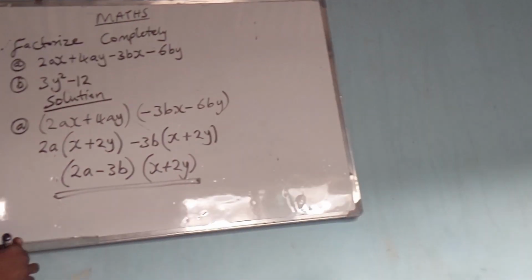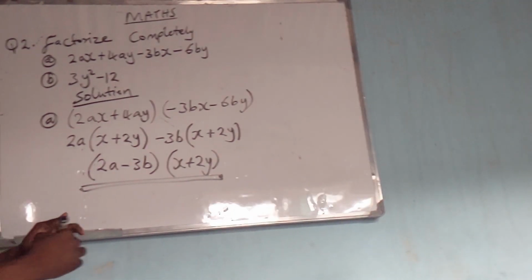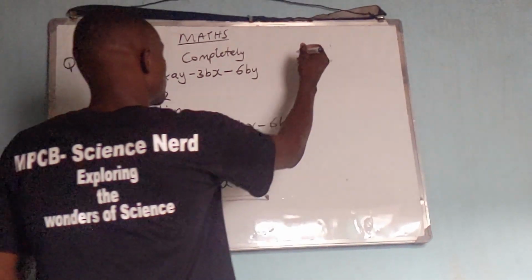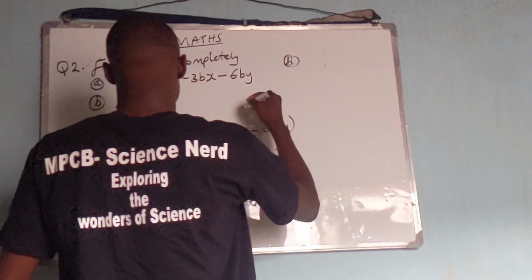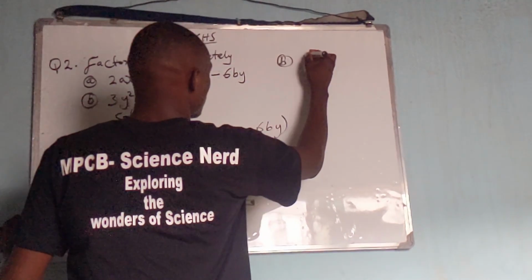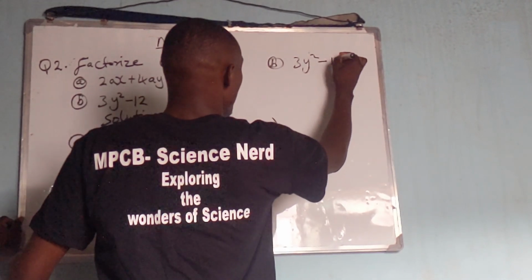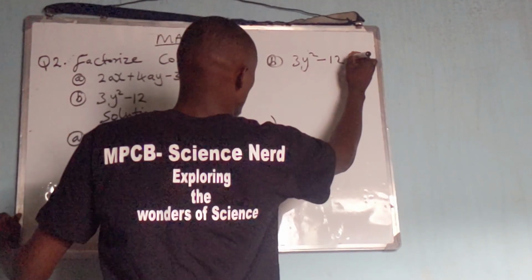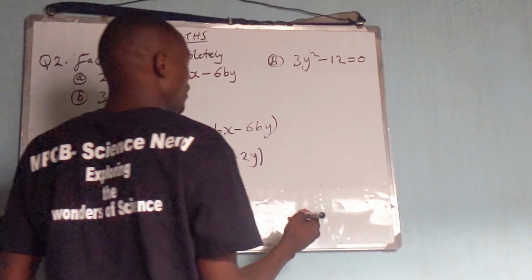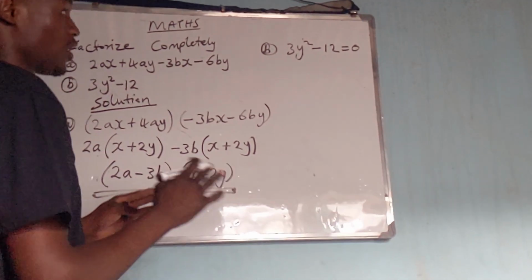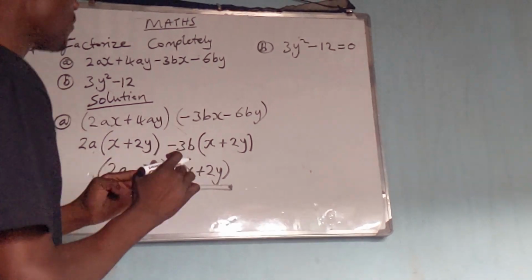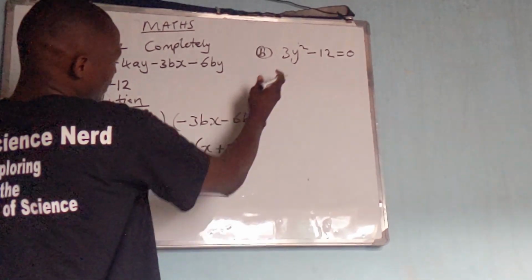Okay, let us jump into the second question, B. The second question says 3y squared minus 12, and we'll say it is equal to 0. Even if we don't write anything, it's okay. Now, let us see what is common.